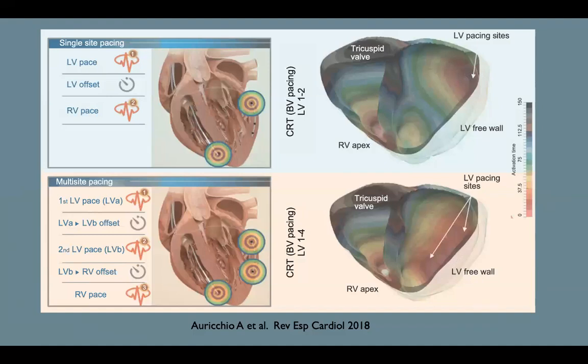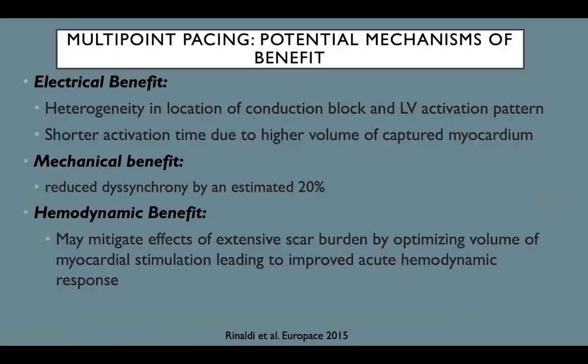So that's believed to be how multi-site pacing works. Even in the setting of a lot of scar or severe myocardial disease, that type of strategy for pacing is going to activate the highest volume of myocardium, and that's believed to be how that type of pacing works. So there's an electrical benefit: heterogeneity in location of the conduction block and activation pattern.